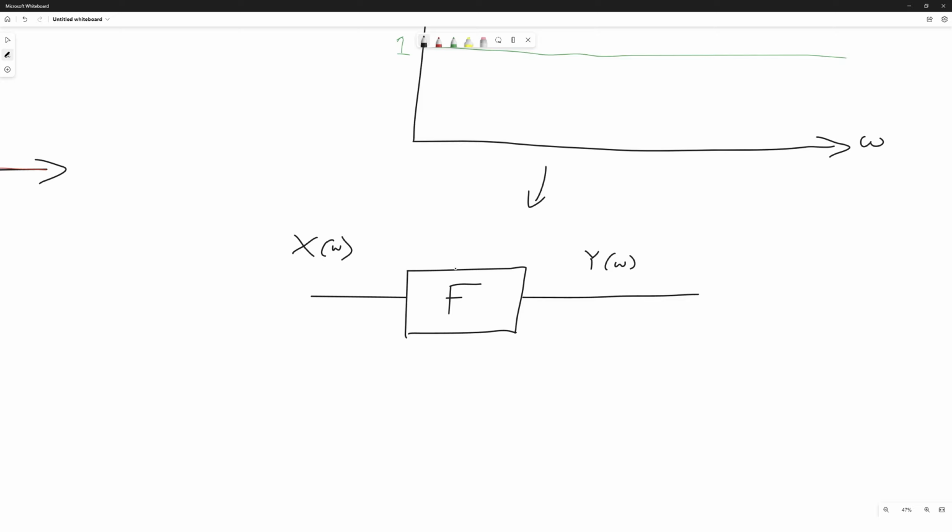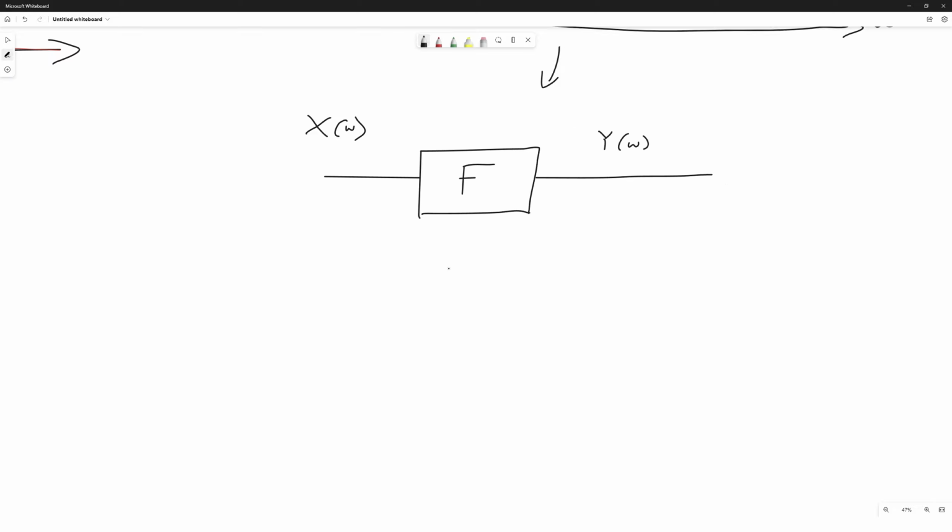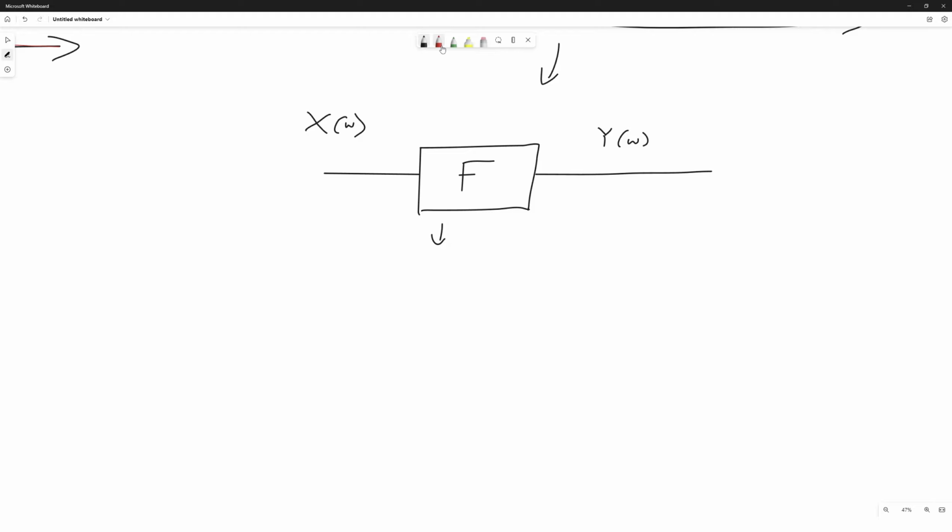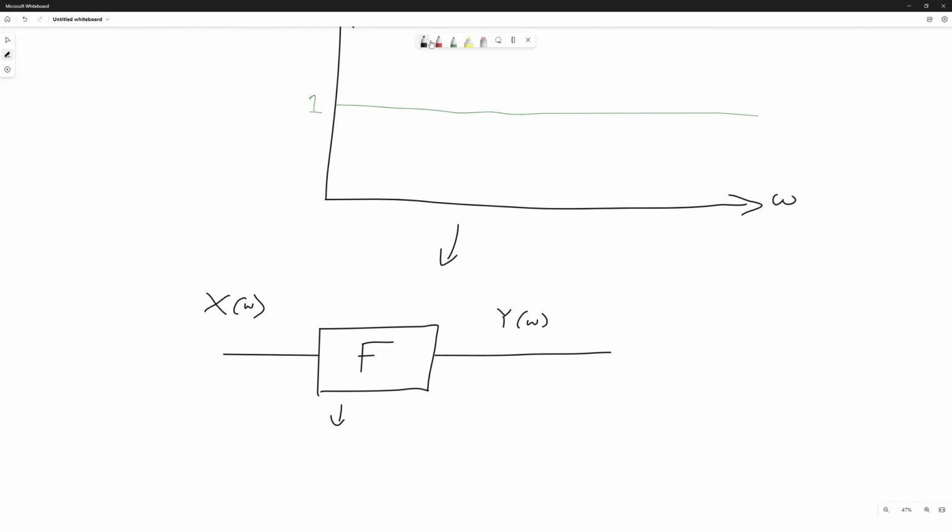And we want to describe this system. I want to know what this system will do to x and give me at y, right? Well, we take the input of x and let's put in a Dirac Delta function. Let's put in an impulse.